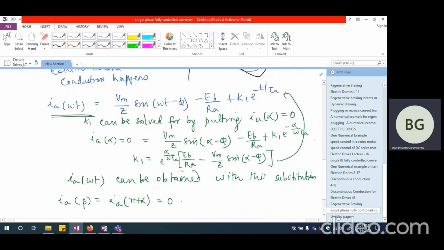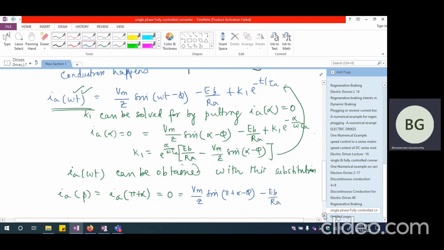So once you obtain the complete expression for i_a(ωt), you put ωt equal to π plus α and write this down. That will come out to be Vm divided by Z sine of (π plus α minus φ) minus E_b by R_a. These things will not change.